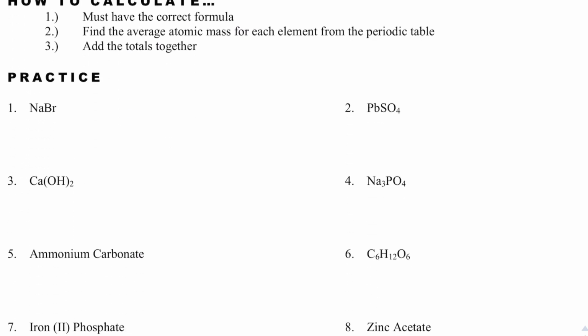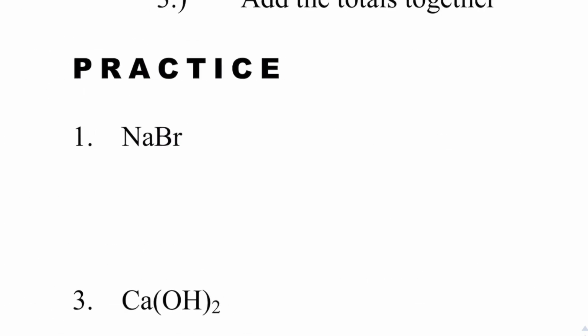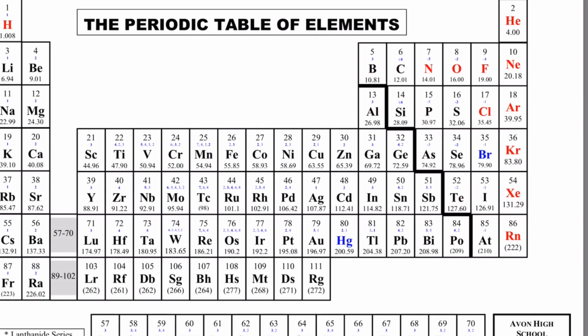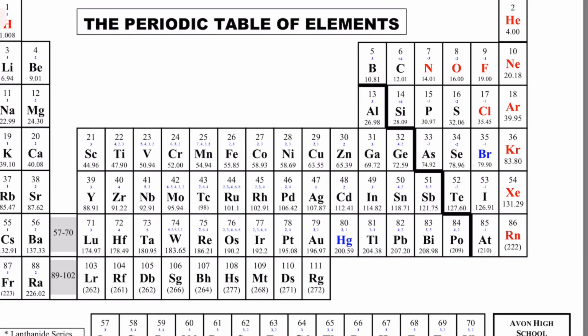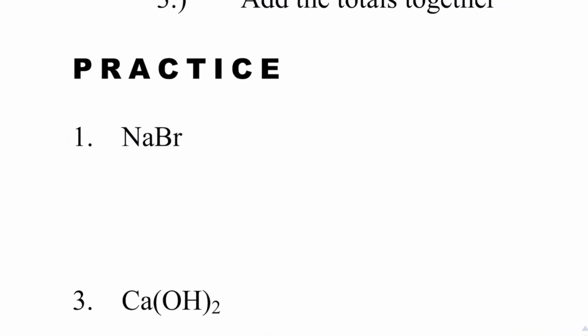So what we'll do is, on this first one, we've got sodium bromide. I'll slide over to my periodic table and get the average atomic mass of sodium. When I look at the periodic table, the number below each element will be the average atomic mass. So sodium is 22.99.